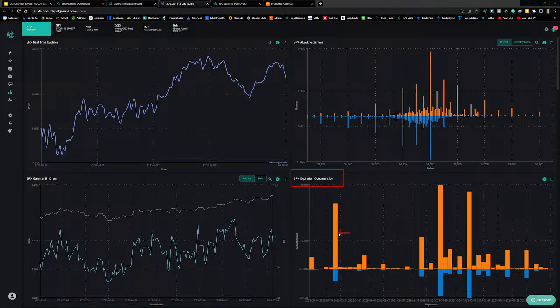This is the July expiration, showing call delta with the orange bars above the zero line and put delta below the zero line. So you can clearly see this is call dominated.